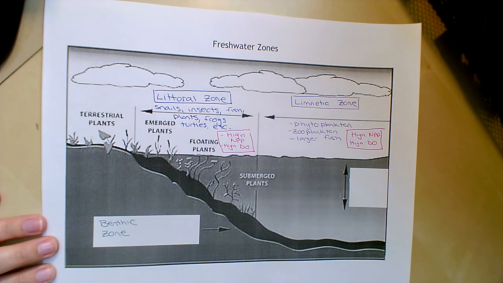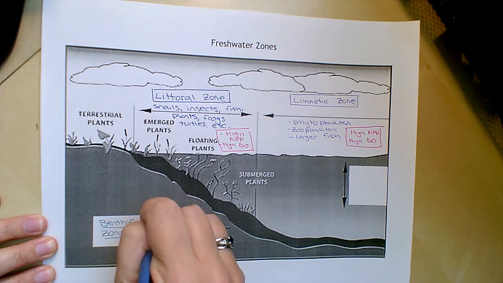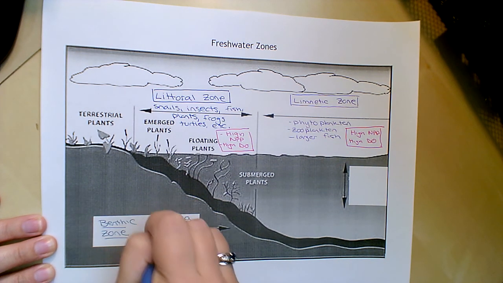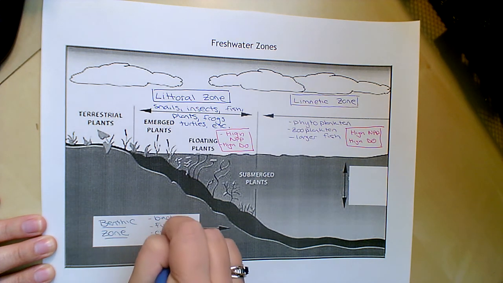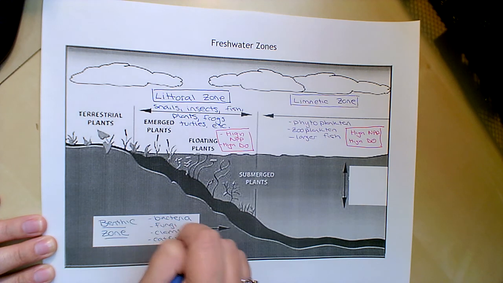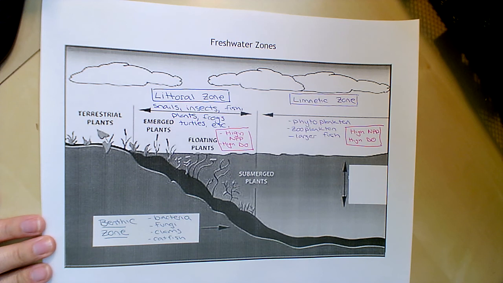And here we have a lot of bacteria, we have fungi, clams, and catfish are bottom dwellers, so some catfish. So this is all of our decomposers. We have a lot of nutrients down here. And yeah, that's our benthic zone.